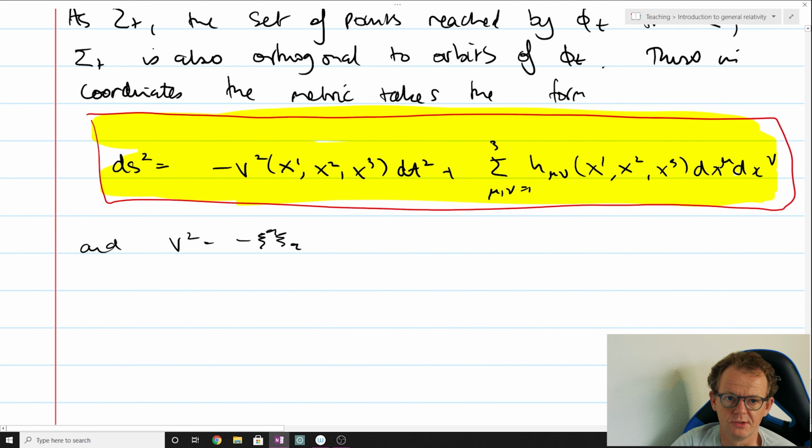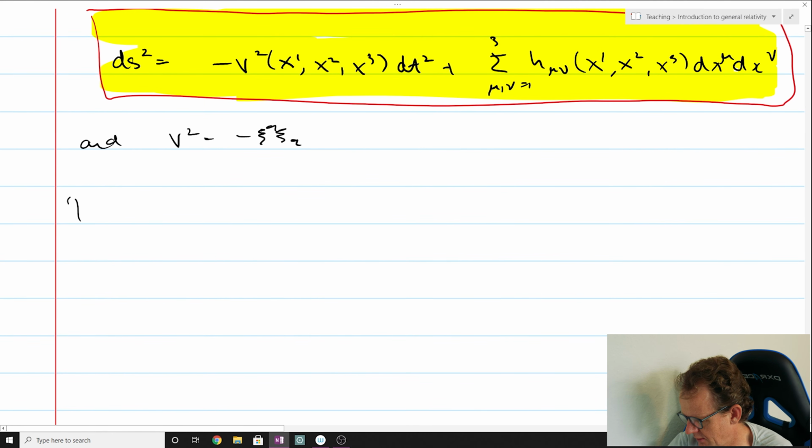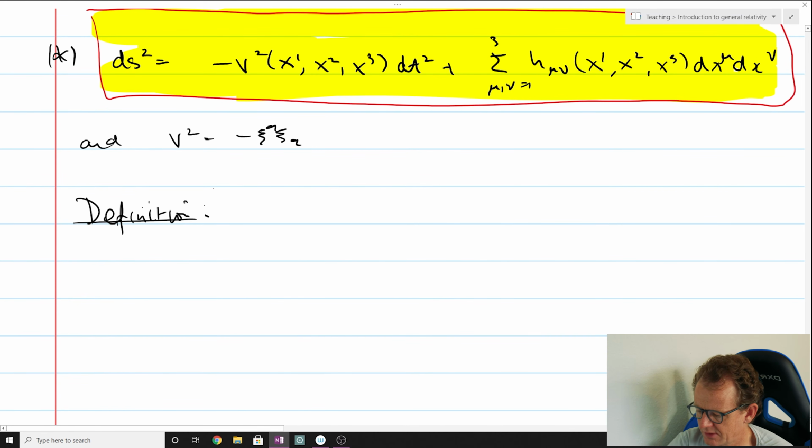So 7 is fewer than 10, but still quite a lot of things. But we haven't exploited the fact that we're looking for something that's spherically symmetric. This is just static, the metric that I've just written down here, metric star. Let's now take a look and see if we can use spherical symmetry to further simplify the form of the metric.